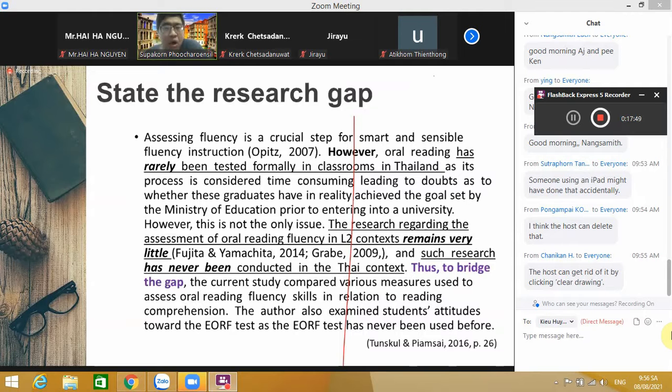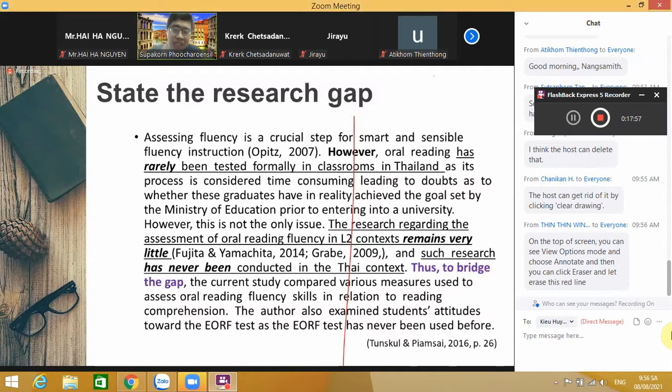However, oral reading has rarely been tested. See, so you are showing the readers that even though assessing fluency is the focus of many previous studies, oral reading has seldom been done in the past, especially in classrooms in Thailand, right?